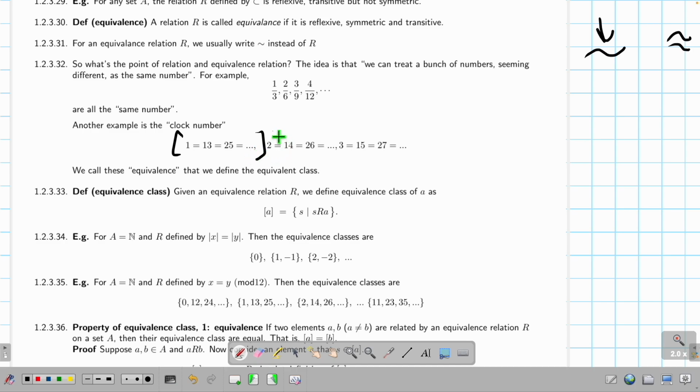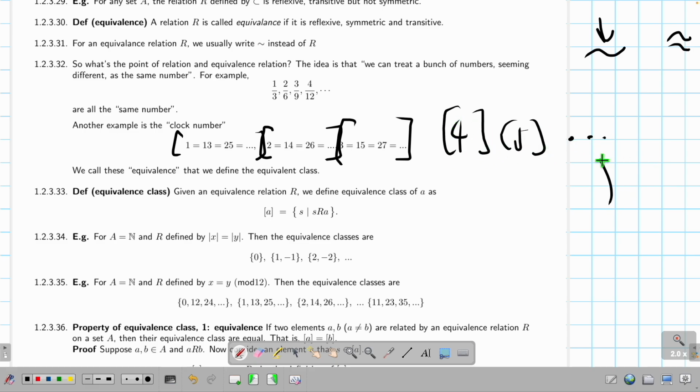Now here's the crazy thing. This is another thing, this is another thing. You can say the same for 4, for 5, and you can keep going, right? So you have infinitely many square brackets, and each square bracket has infinitely many things. So now you have a second order infinite. You have an infinite number of things, each of which is infinite. Later on, we will touch on this, don't worry.